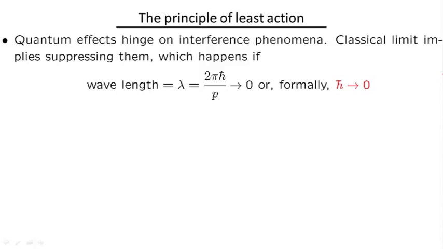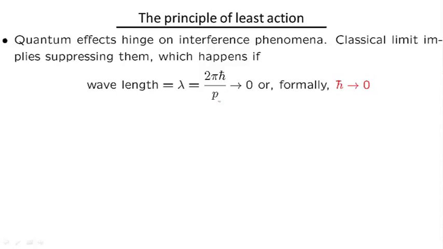Let us recall that the most interesting quantum phenomenon, the way quantum mechanics was actually discovered, implied interference between different waves, wave functions describing a particle. So if we want to kill, in some sense, the quantum mechanical effects, we want to suppress the interference phenomena, or we want to make the wavelength as small as possible.